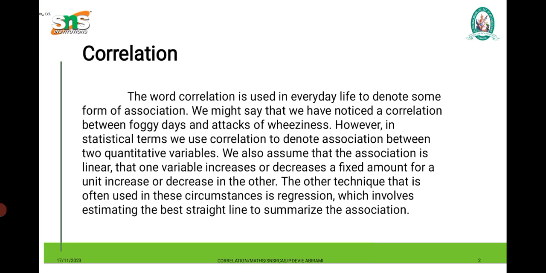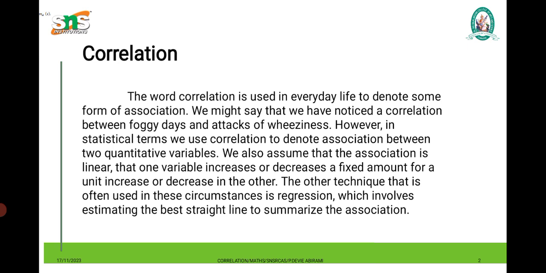We also assume that the association is linear. In statistics, we use correlation between two quantitative variables, where one variable increases or decreases by a fixed amount for a unit increase or decrease in the other.